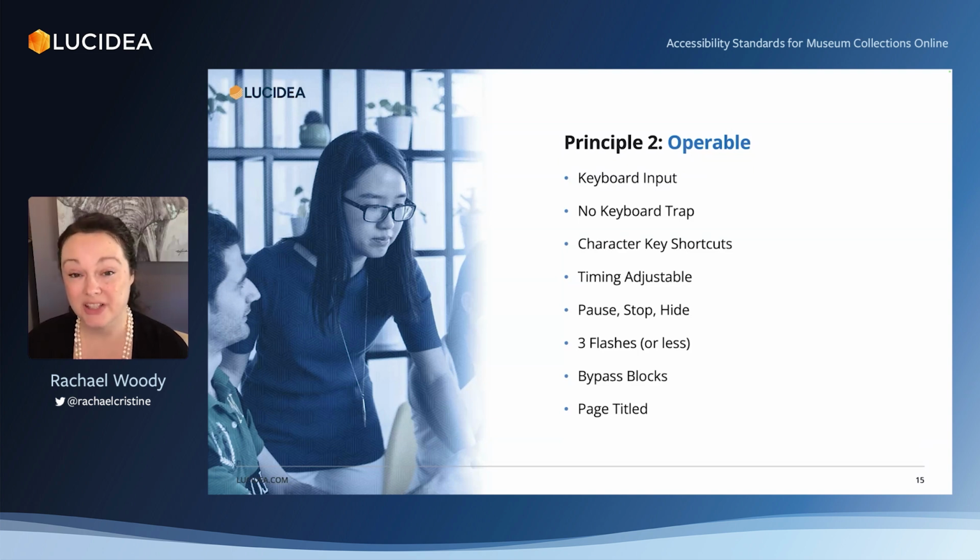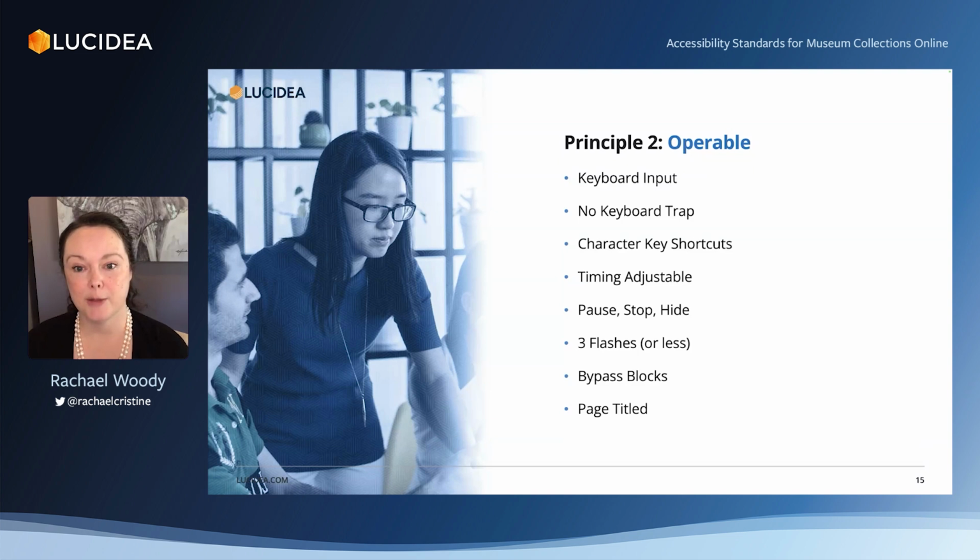There is a threshold of 3 flashes or below. Specifically, for this rule, it is 3 flashes that occur within 1 second. If there is some flashing, that can be okay for that asset, but it is very specific: 3 flashes within 1 second is too many and is dangerous for some of your community users.